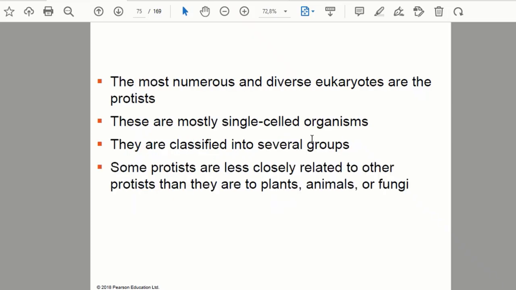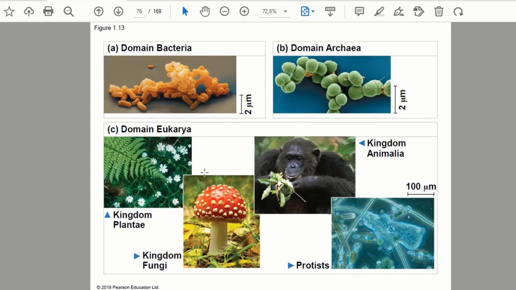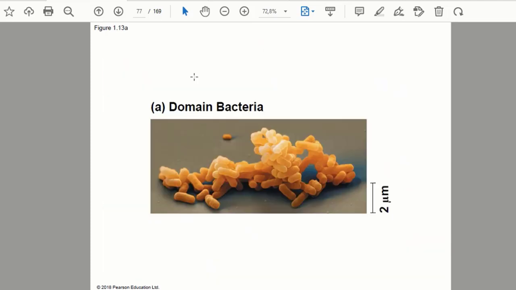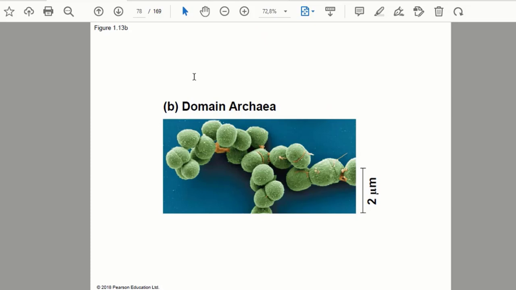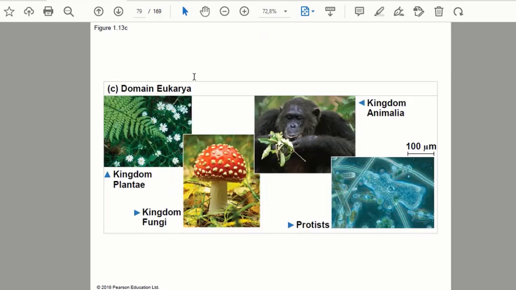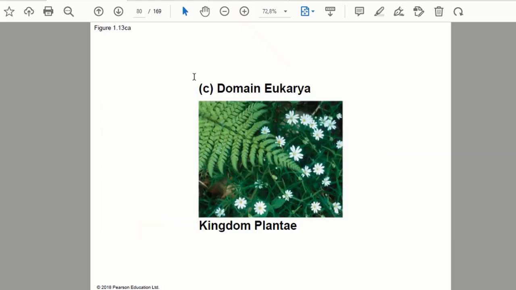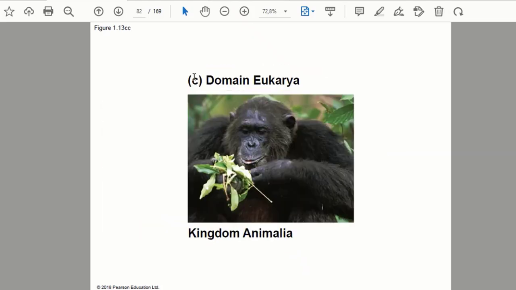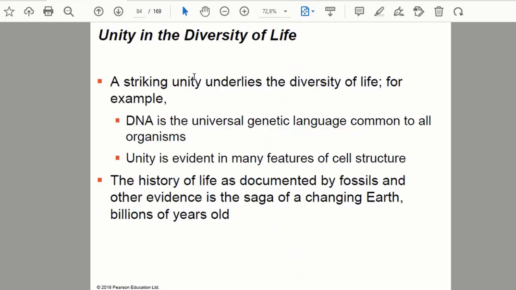Here we're talking about kingdom Plantae, kingdom Fungi, and kingdom Animalia, and then there are protists. This is the description of bacteria, archaea, and the eukarya, and the kingdom Animalia, protists, which is there. Kingdom Plantae, you don't need to worry about this.